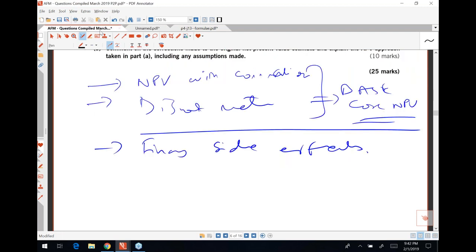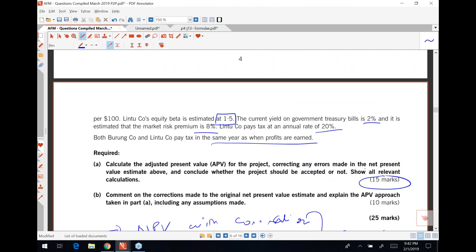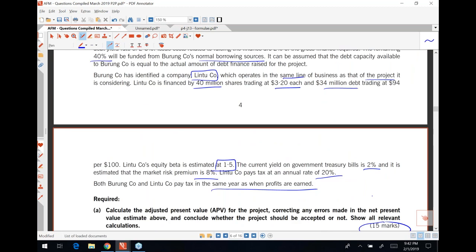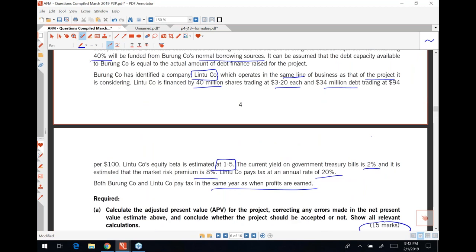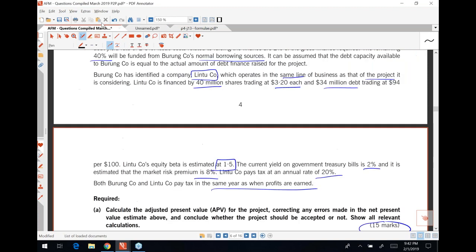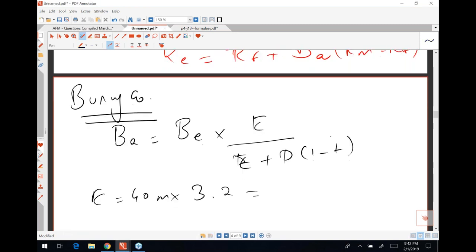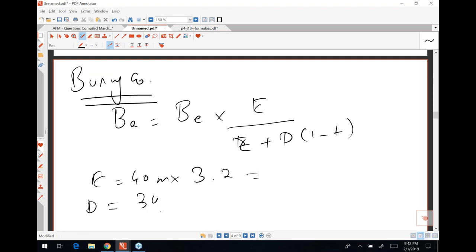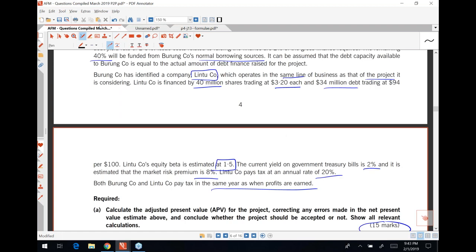The market value of equity is 40 million shares at 3.2 each. For the market value of debt, it is 34 million of debt, and each $100 bond is trading at 94, resulting in the market value of debt.